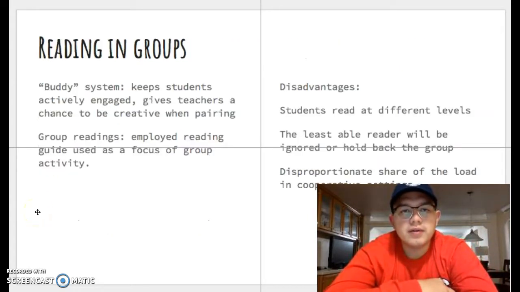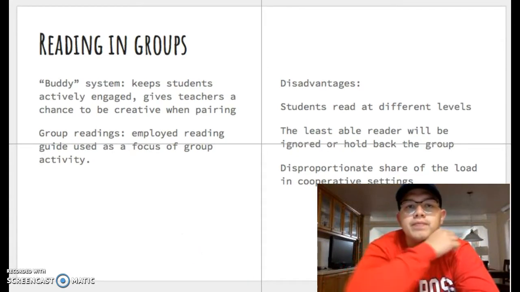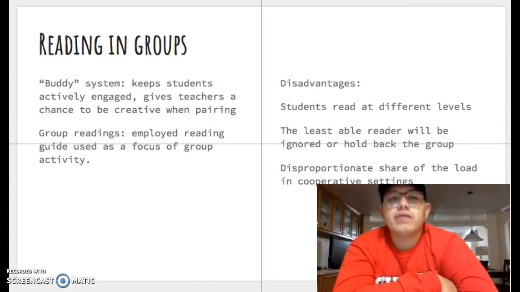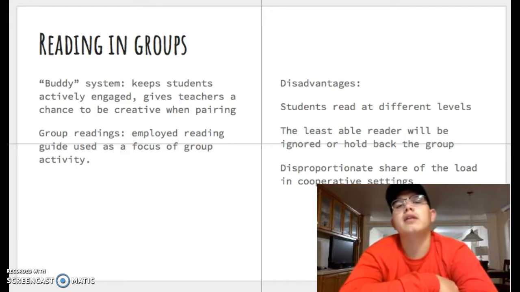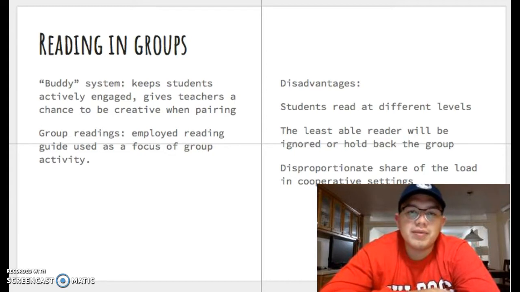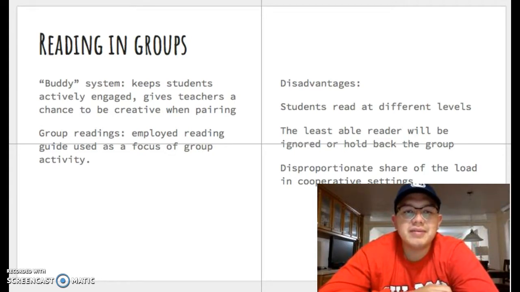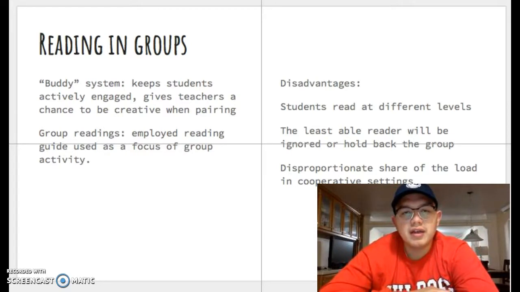And so reading in groups. The first one is the buddy system, reading with a partner. I like to call it the buddy system. It keeps students actively engaged and gives teachers a chance to be creative when pairing.